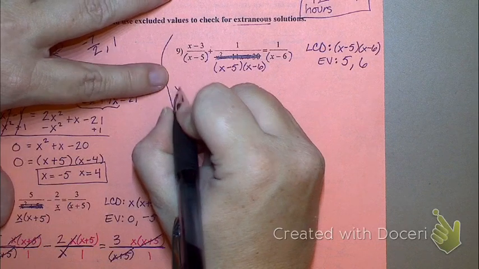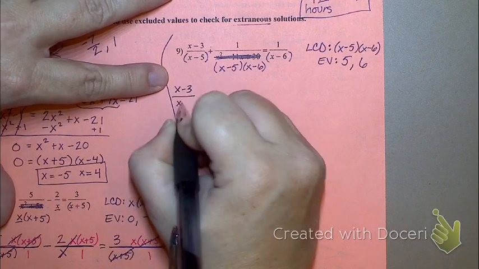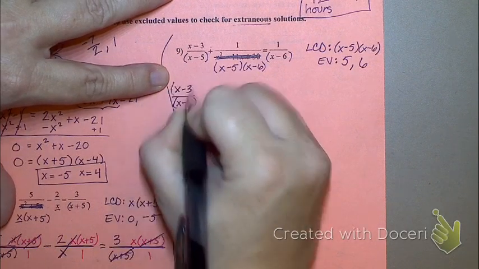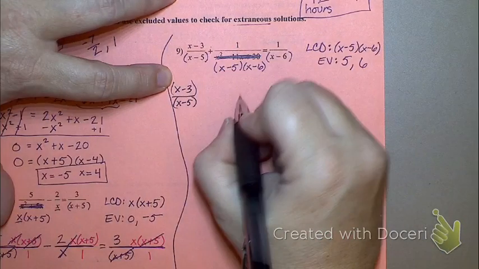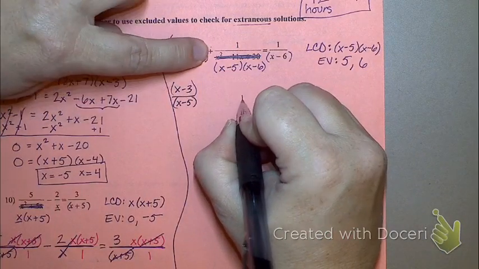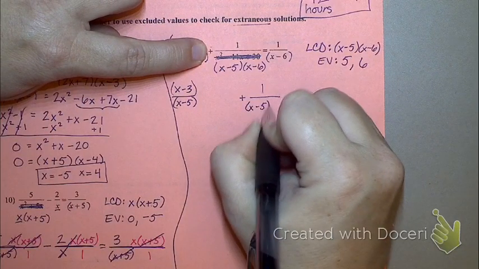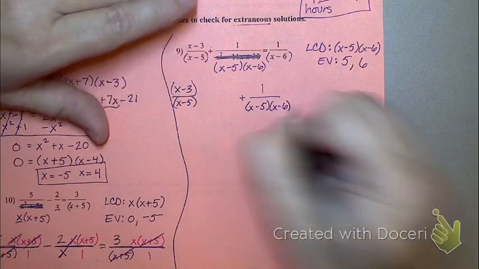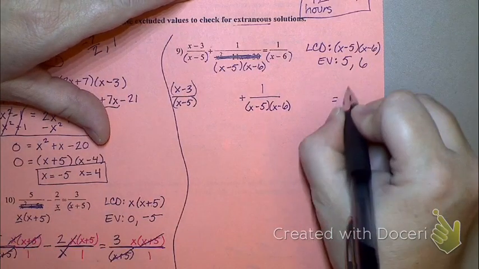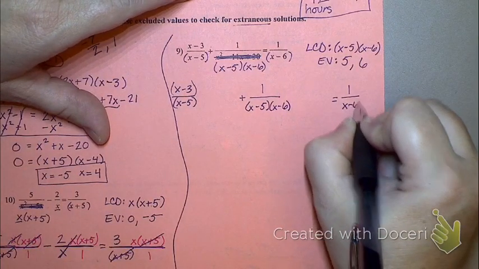So x minus 3 over x minus 5. I'm going to throw both the numerator and the denominator in parentheses. Leave an awkward space, plus 1 over x minus 5, x minus 6. Leave an awkward space, equals 1 over x minus 6.